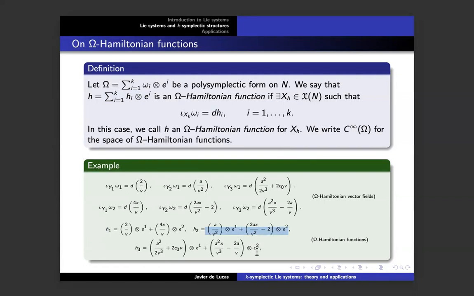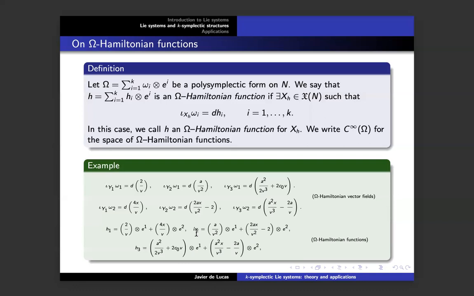And you have to take into account how we can now define a Poisson bracket or Lie bracket with these functions. Because normally, you remember, in symplectic geometry, when you have two functions, you define a Poisson bracket in such a way that the Poisson bracket of these two functions is the Hamiltonian function of the Lie bracket of the corresponding vector fields. So the question is, could we do such a thing here?